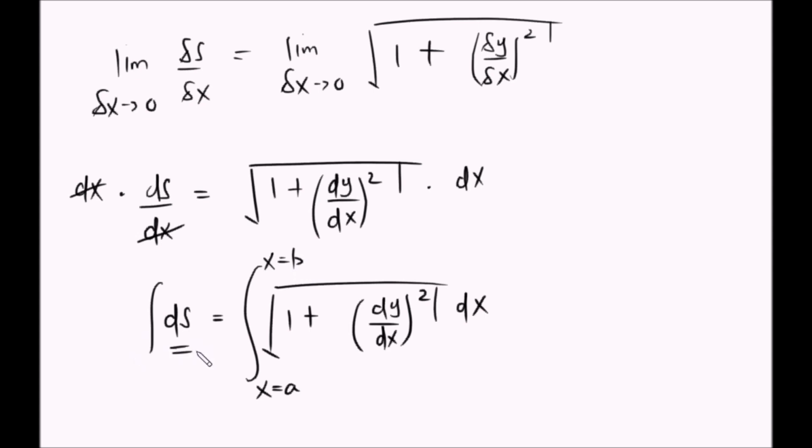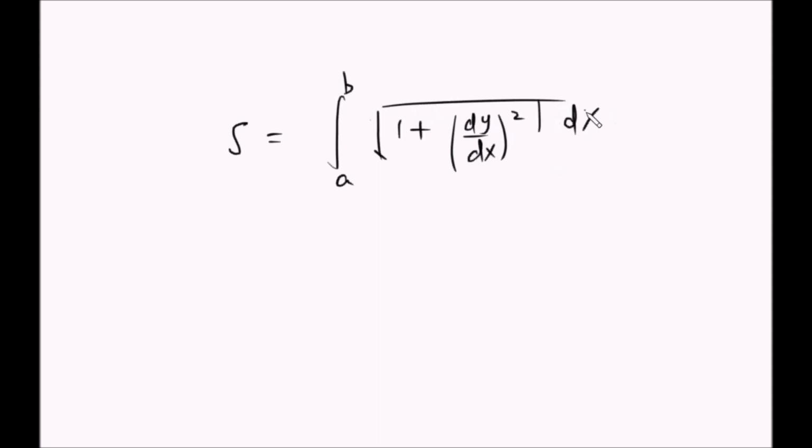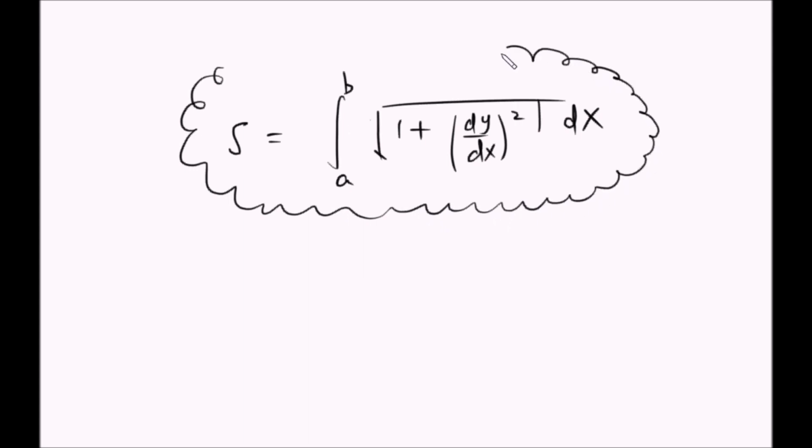So if you integrate dS, you get S. So S is equal to the integral from a to b of the square root of 1 plus dY over dX squared, integrated with respect to x. So this now is the formula for finding the length of an arc.